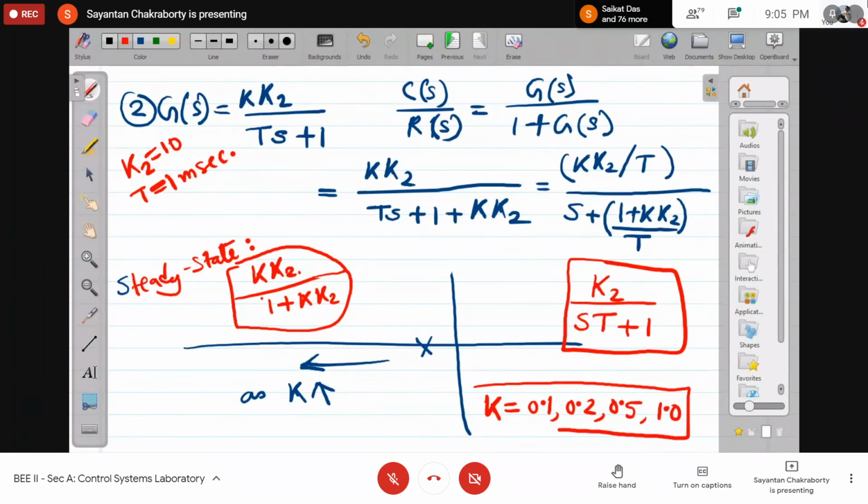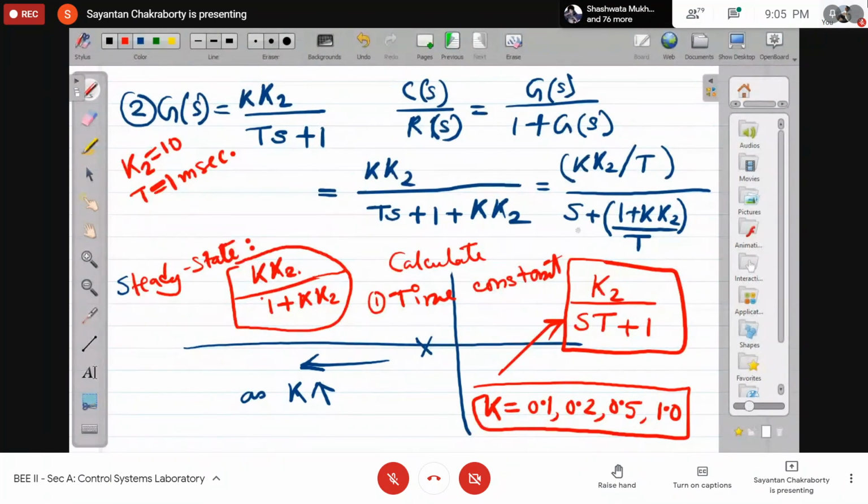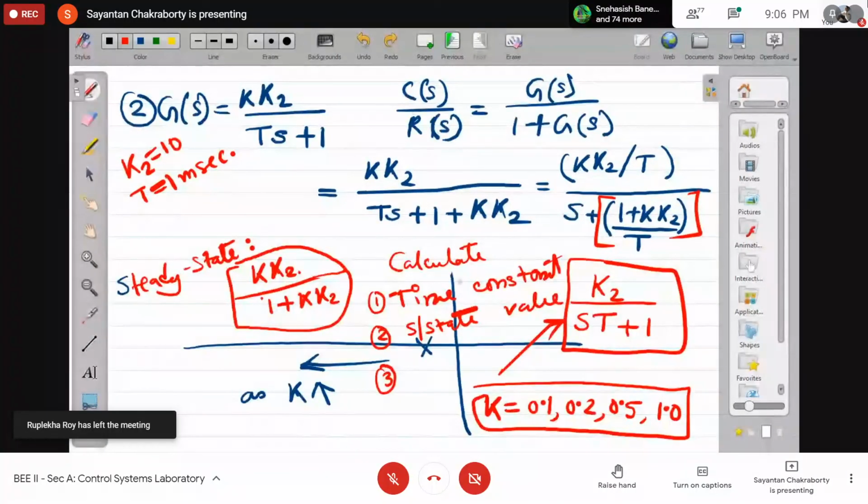For these values of K, with this known transfer function, calculate for the closed loop system the time constant, which will be given by the inverse of this, the steady state value, and the steady state error.